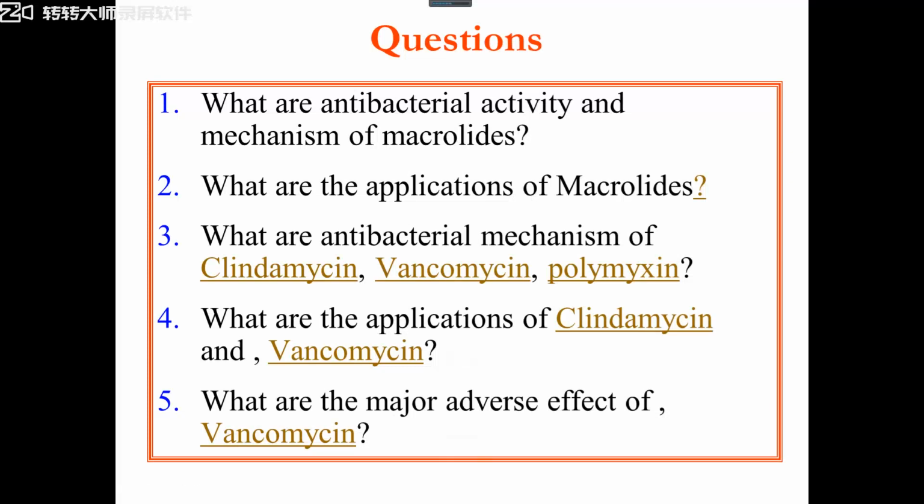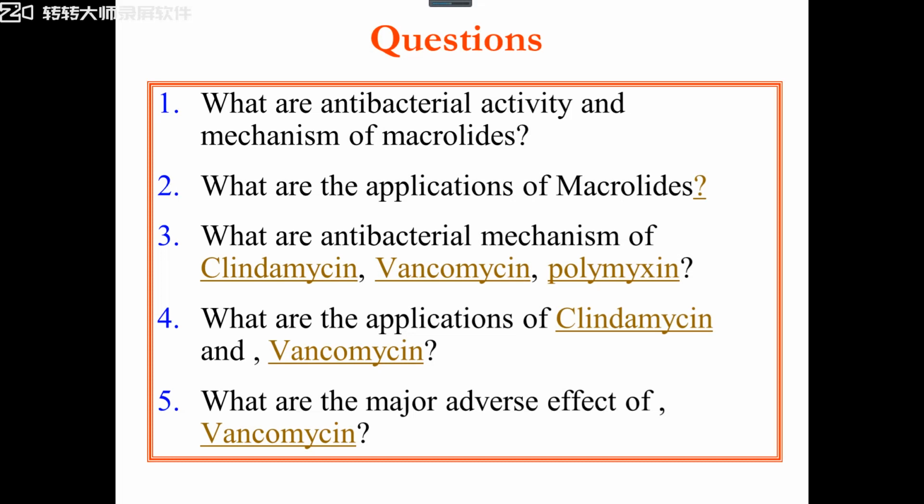Okay, this class, some questions. The first one: what are the antibacterial activity and mechanism of macrolides? Very easy, only one word: protein. These drugs inhibit protein synthesis. The second one: what are the applications of macrolides? As we just explained, as a penicillin substitute, and for which kind of disease?